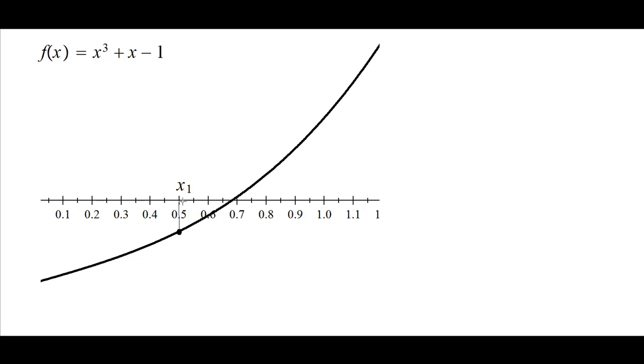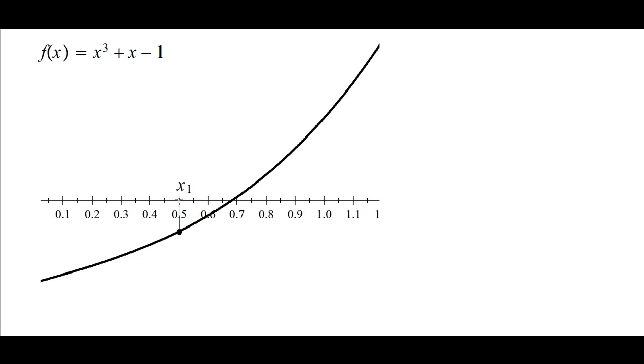We guess that 0.5 is a solution, or an x-intercept, or a zero of this function. We can see right here that it actually is not. We are just going to use this as our starting point.